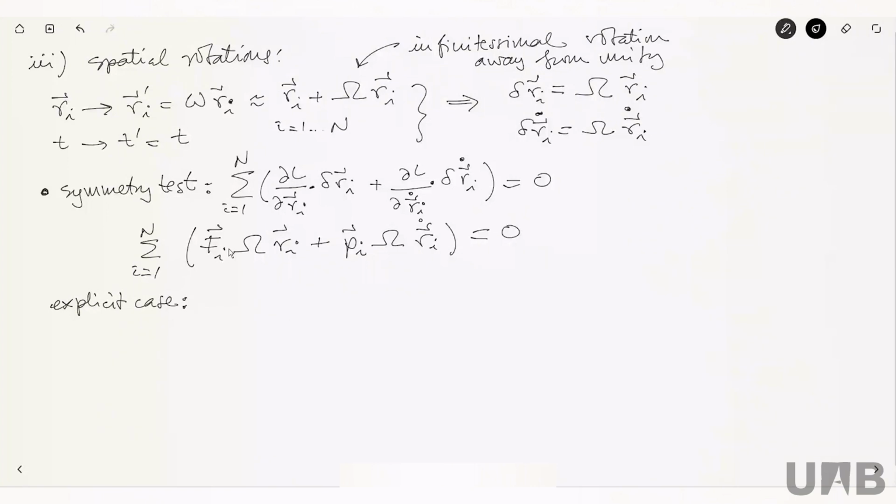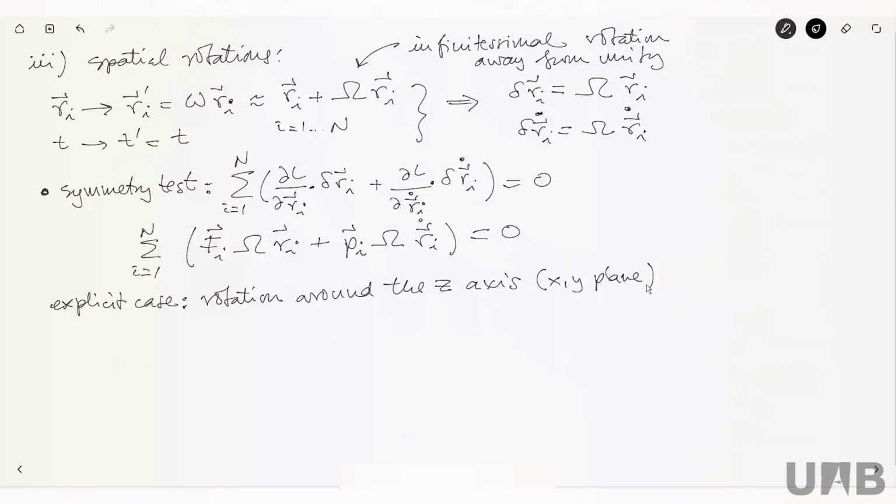The explicit case that I'm going to look at is going to be a rotation around the z-axis. Okay? So that means a rotation on the xy plane, right? So I'm going to leave the z-axis exactly the same, and I'm going to rotate x and y.